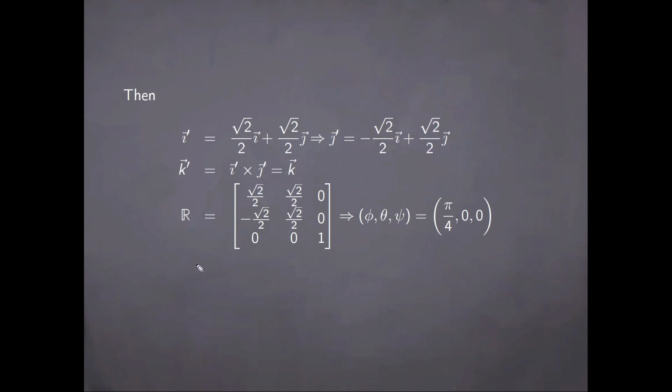And so from these values you can write the rotation matrix down and find that the Euler angles are given simply by the values here. So it's just a simple rotation about the z-axis with an angle equal to pi over 4.